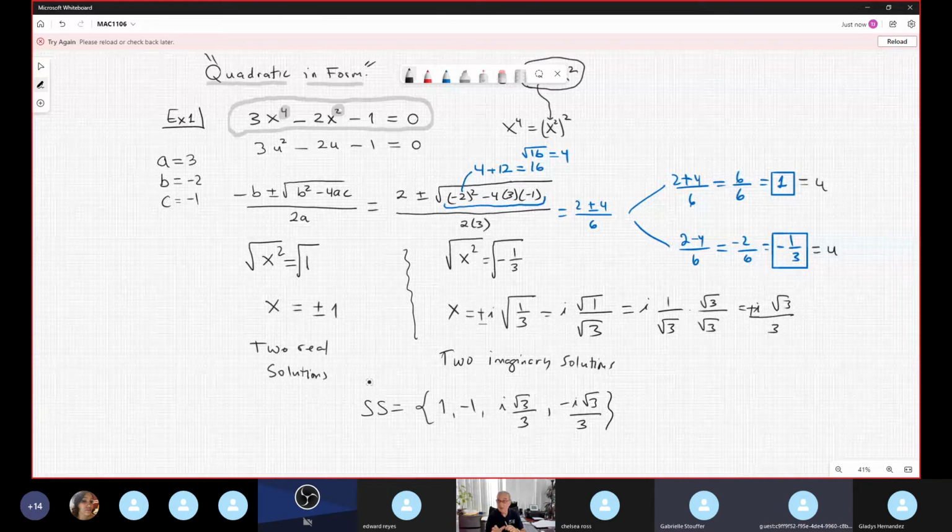Okay, to summarize: we have a polynomial equation of degree 4, but it's also quadratic form. Therefore, I convert using the substitution like a quadratic. I solve it by the traditional quadratic method, but the value that you get is the value of the new auxiliary variable, u. Now I'm going to recover the original variable x, using substitution, each value into the substitution.